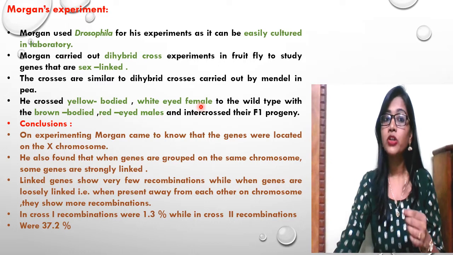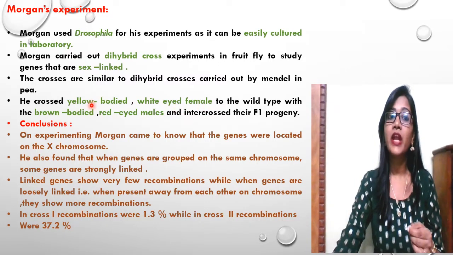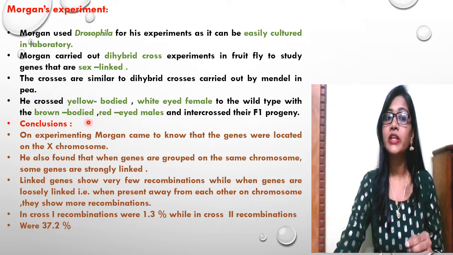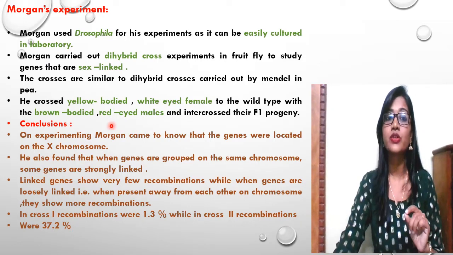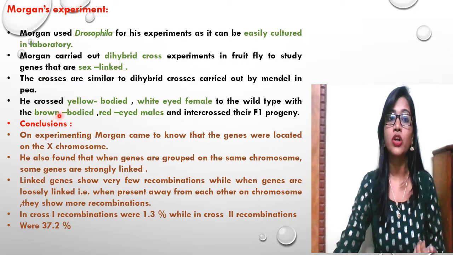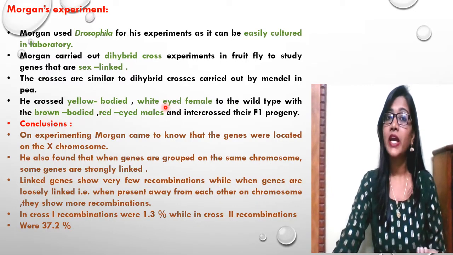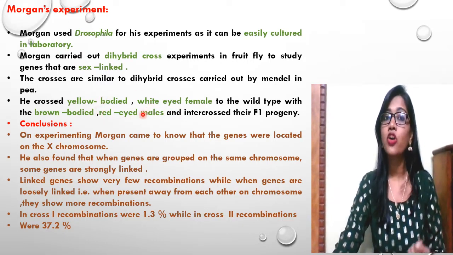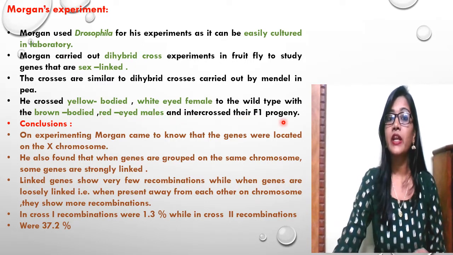So here we are talking about the body colors, yellow and brown, and the white-eyed female crossed with the red-eyed male. These are dihybrid crosses, two characters together, and he intercrossed their F1 progeny.